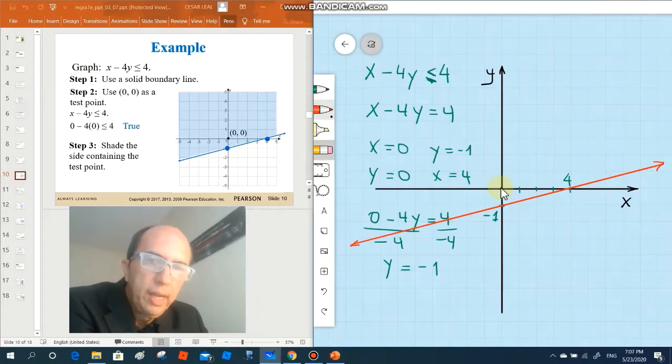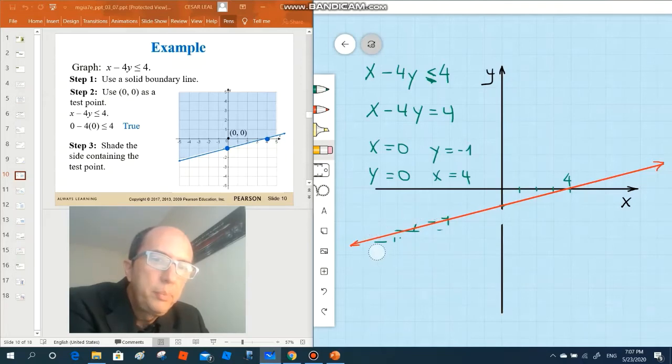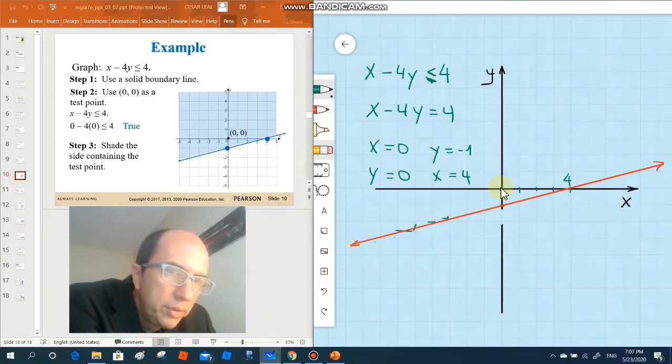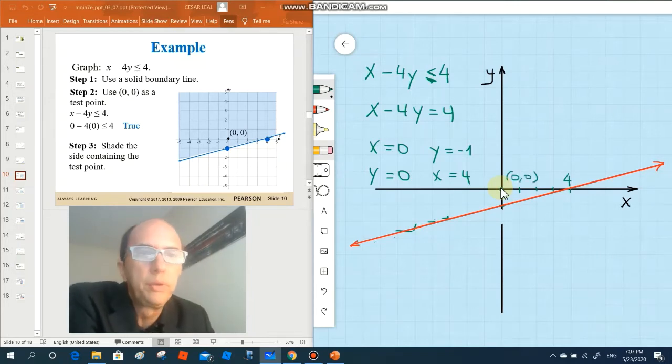Which point are you going to use to test? Any point that's not on the boundary. But we're usually going to use 0 and 0, x equals 0 and y equals 0.